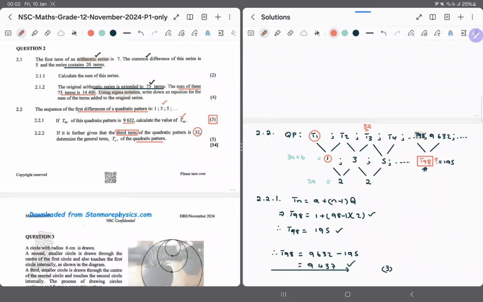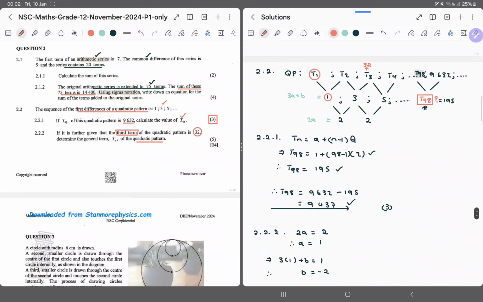If those three tie up, then we know we are good to go. Okay, we said T3, so that's going to be 3 squared minus 2 into 3 plus 29. We get 32.